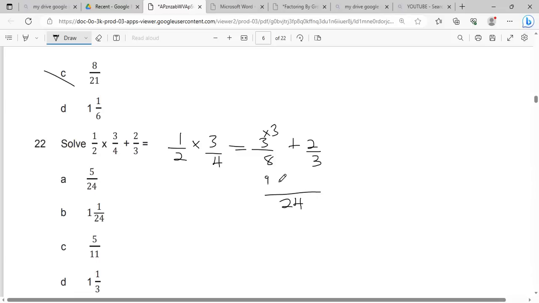Put back our plus. 3 into 24, 8. So we multiply this by 8. So 2 times 8, 16. So we get 25 over 24 when we add the top. They don't have that, so I guess you have to break it down, which is 1 and 1 over 24. So that would be B.